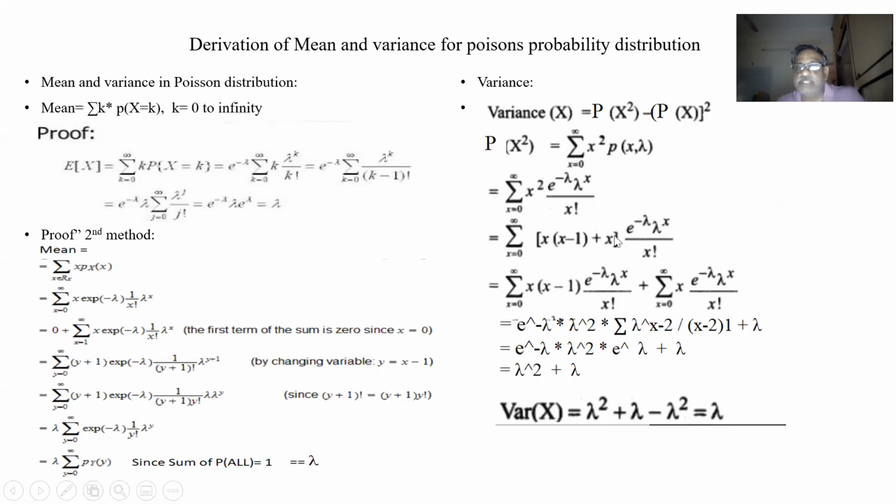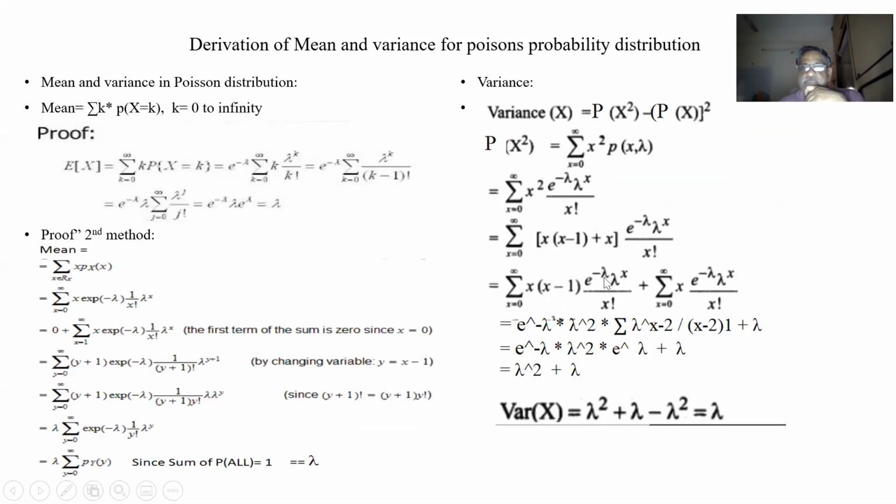I have taken x into x minus 1, because with x square and x factorial, I want x into x minus 1 to get cancelled out. So this becomes two separate sigmas: sigma x into x minus 1 into this, plus sigma x into this. Sigma x into this is nothing but, we have just seen, lambda.